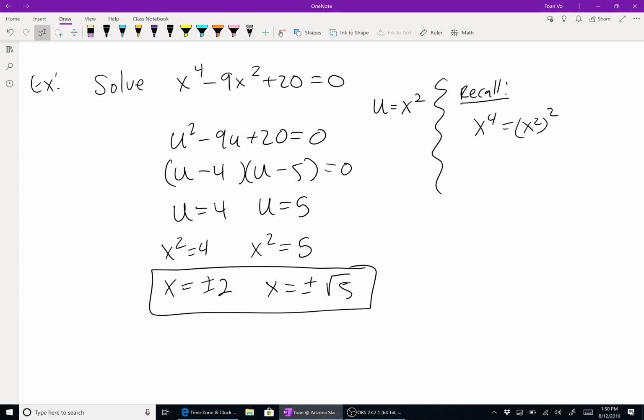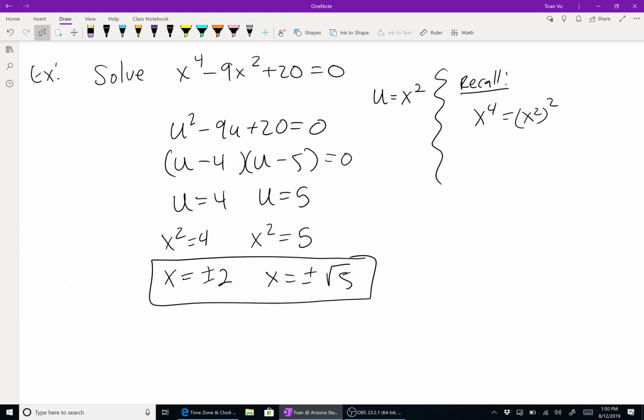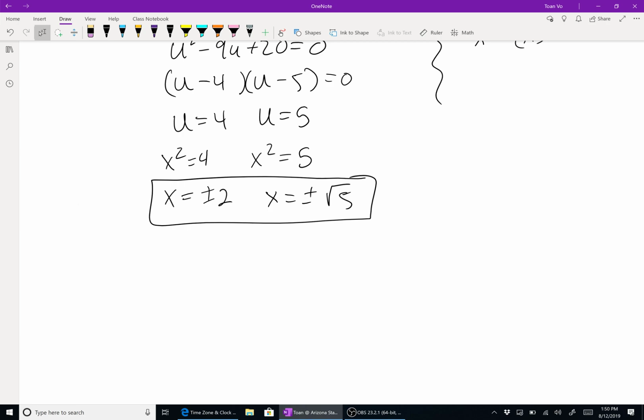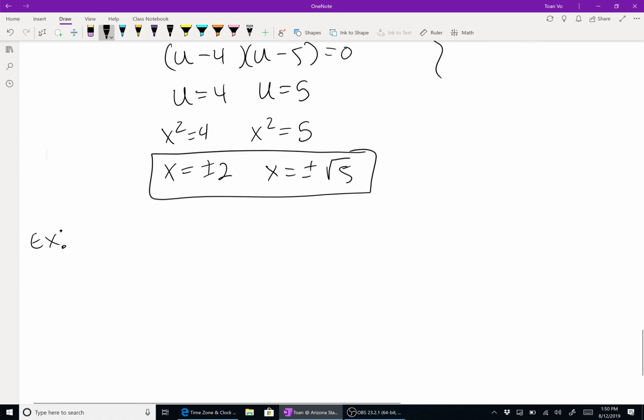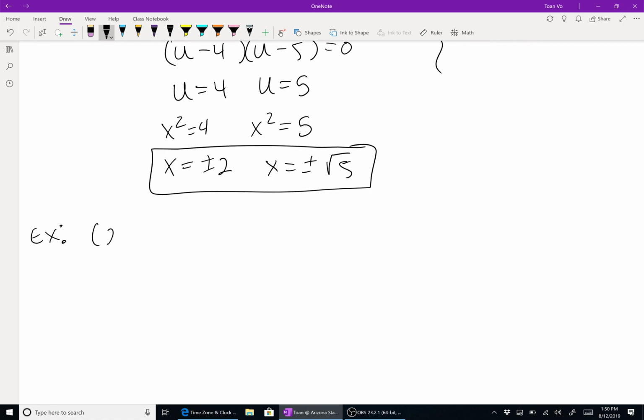So noticing quadratic structures can help you save a lot of headache if you recognize that the problem you're solving has that sort of behavior. I'm going to write down this example, but we're not going to solve it because I think you get the idea. Suppose you had (2 minus 5x) squared plus 7 times (2 minus 5x) plus 12 equals 0. Normally, that would require you to expand everything out, distribute the 7, and apply the exponent of 2.